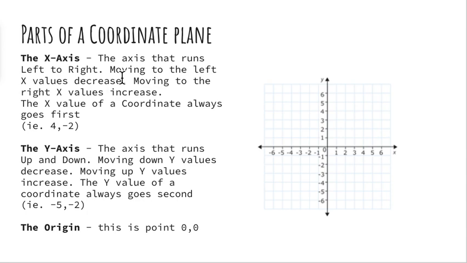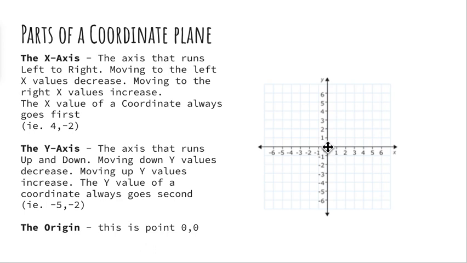Now that you understand what the x and the y-axis is, I'm going to explain what the origin is. This is really simple. Like I said, you'll notice that the x and the y axes cross over each other, they intersect. The point where they intersect with each other is called the origin. Its coordinates are 0 and 0.